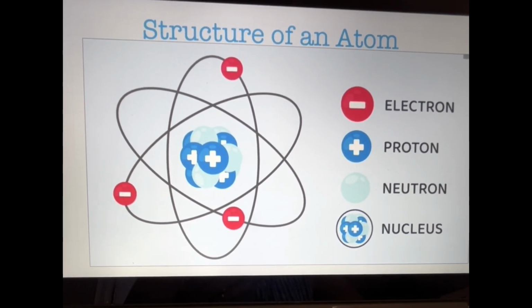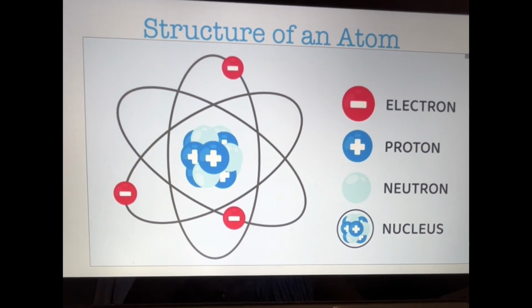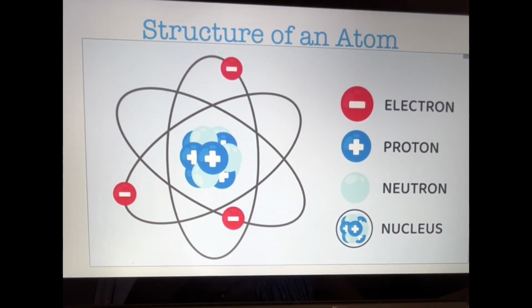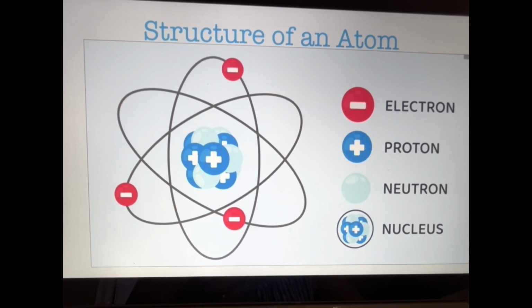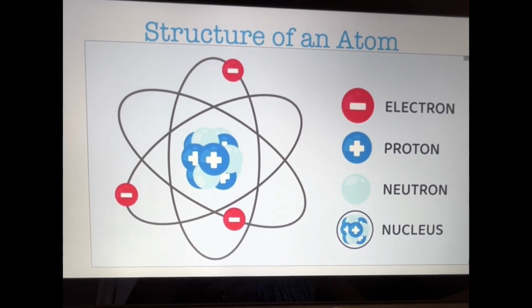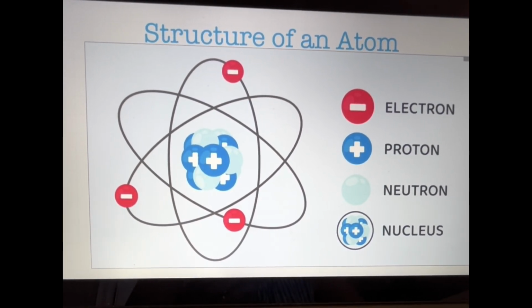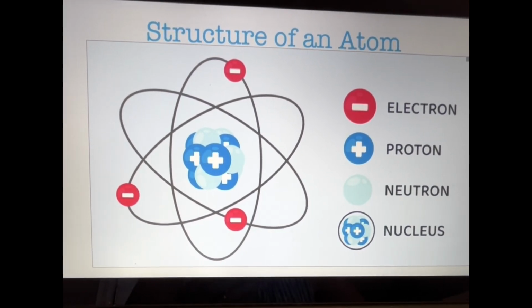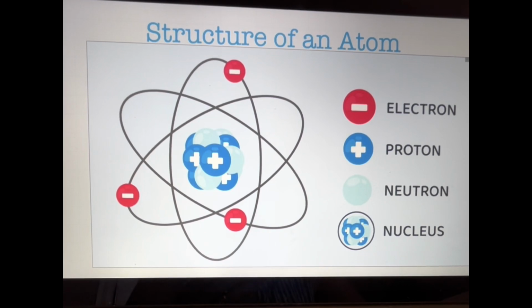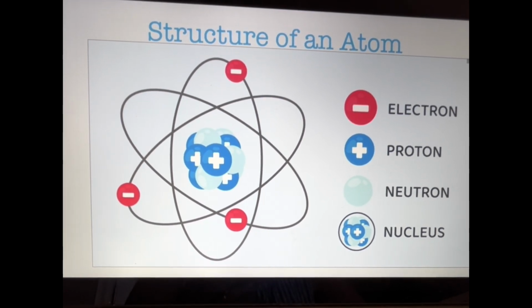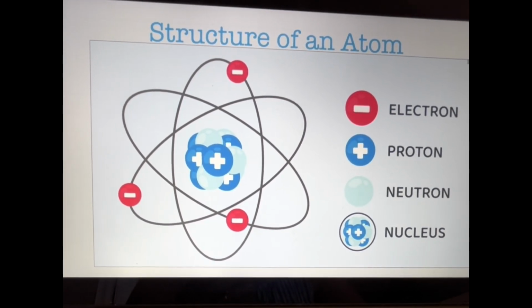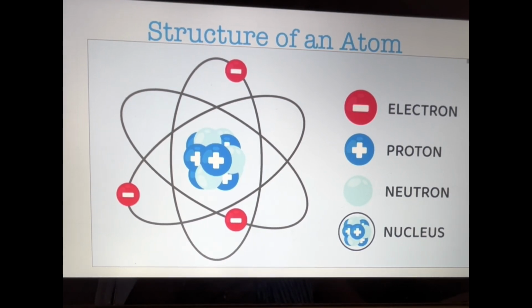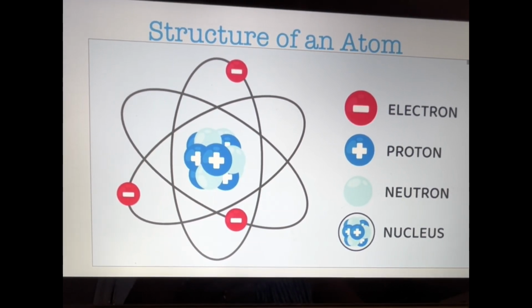It is actually slightly heavier, but the difference is so small and negligible that scientists consider them to be about equal in relative mass. Neutrons are considered electrically neutral, which is where it got its name from. Scientists recognized that protons and neutrons existed in the nucleus, which accounted for the greatest part of the mass of the atom, and the tiny electrons that orbit around the nucleus.